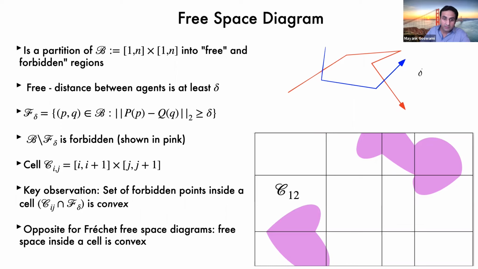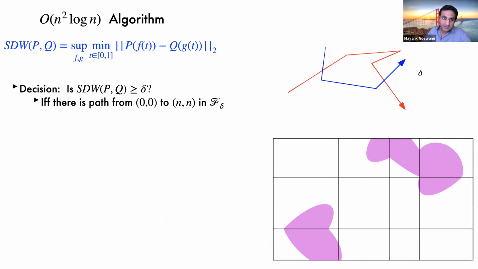All right, so now that we know what a free space diagram is, we can quickly summarize what the algorithm is. We have an n squared log n time algorithm to compute the continuous social distancing width of two curves. The first step in this algorithm is to first figure out the decision version. So given a parameter delta, can blue and red maintain distancing at least delta?